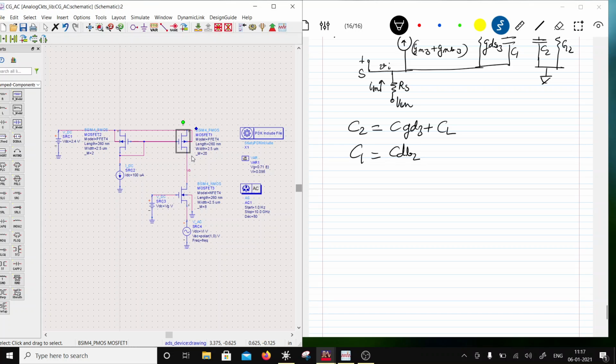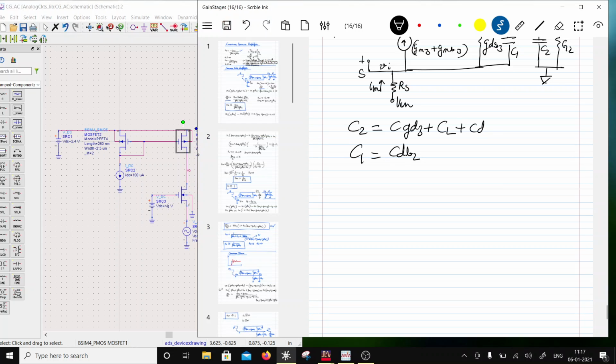Okay, so the body terminal CDB, and this is small signal ground, so there will be CDB2 here, and this will be only CDB3.